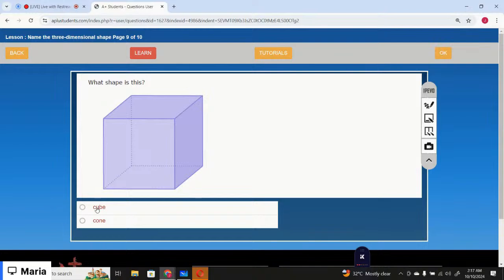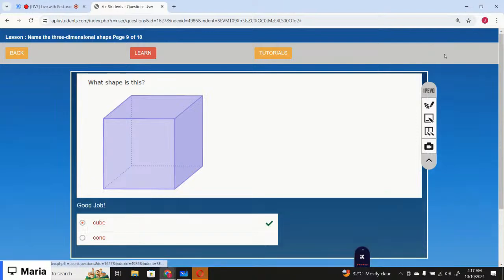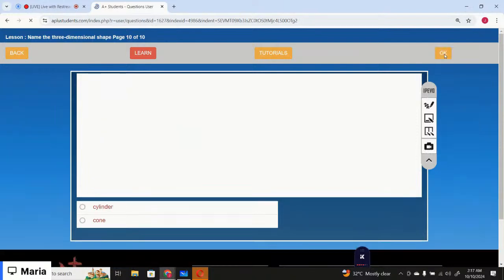Option number one is the correct option. Okay, what shape is this?